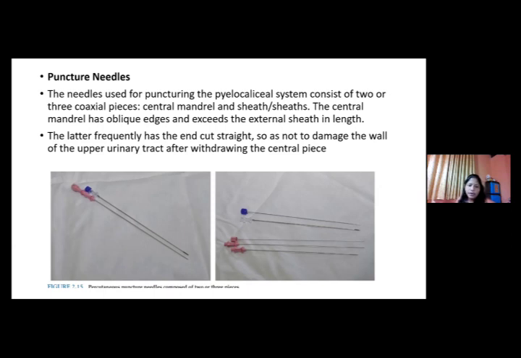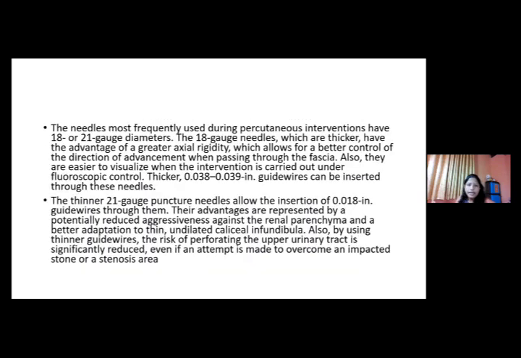The end of the outer sheath is a straight cut edge, to prevent damage when we are withdrawing the sharp inner part. We have various needle sizes varying from 18 to 21 gauge.